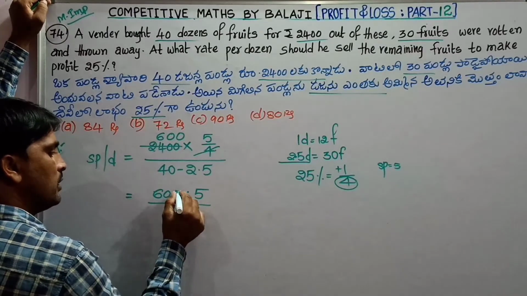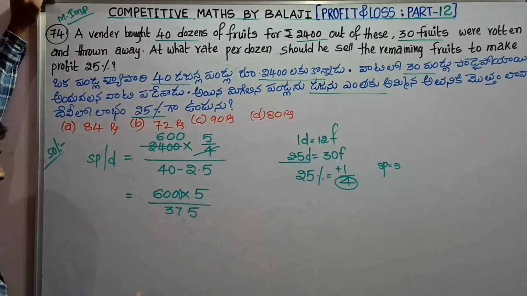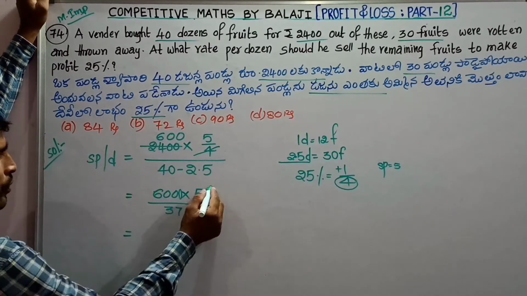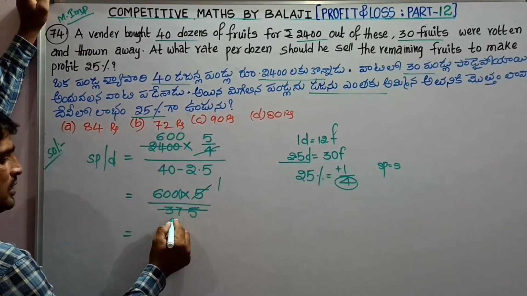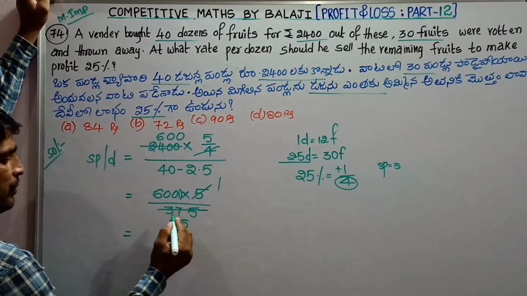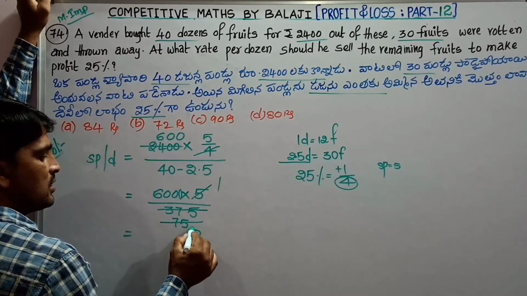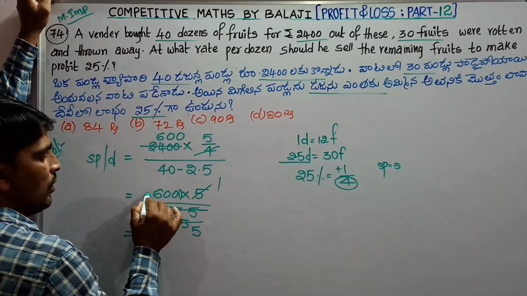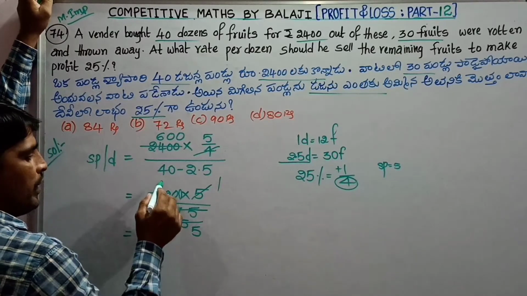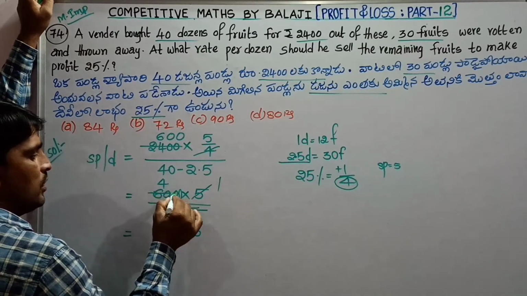Remove the decimal point and put a 0 in the numerator place. Now 5 ones are 5, 5 sevens are 35, 5 fives are 25. Again 15 fives are 75, 15 fours are 60, 2 zeros.